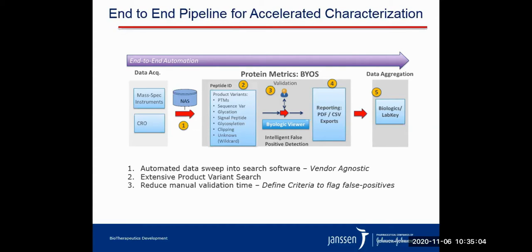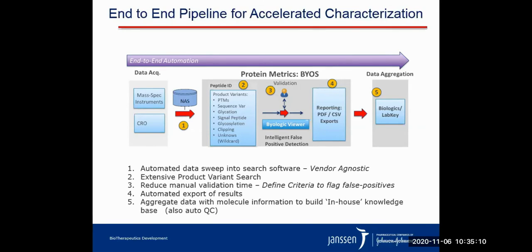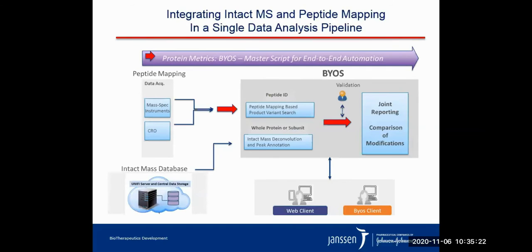Validation of results and automatic export of results are also possible. Finally, data aggregation with molecular information is done using Genedata Biologics. Recently, we have integrated intact MS analysis workflows with peptide mapping for joint reporting and comparison of modifications.